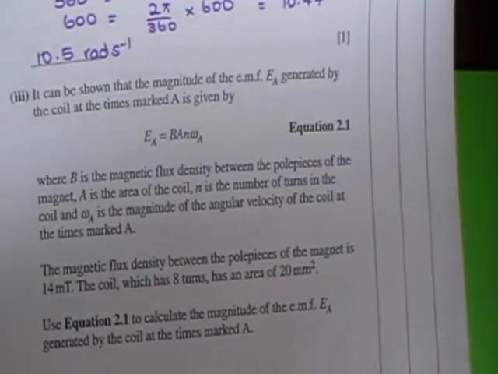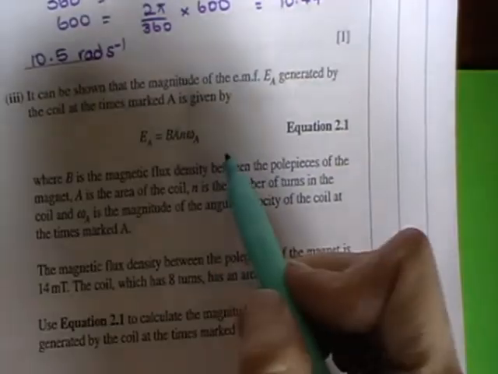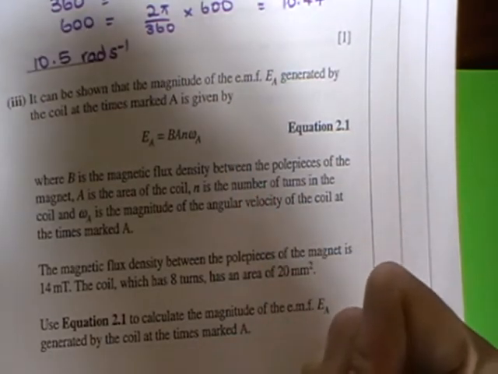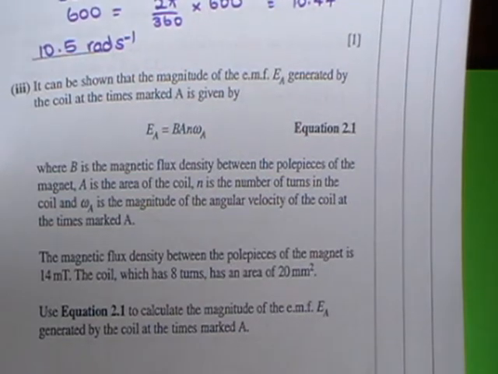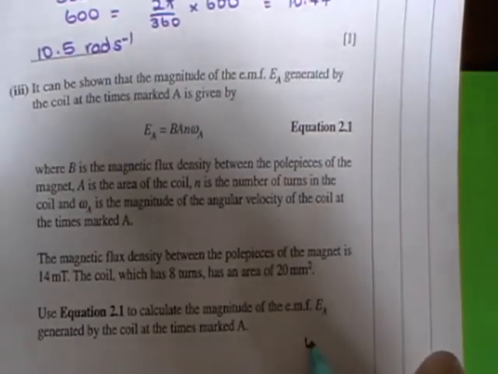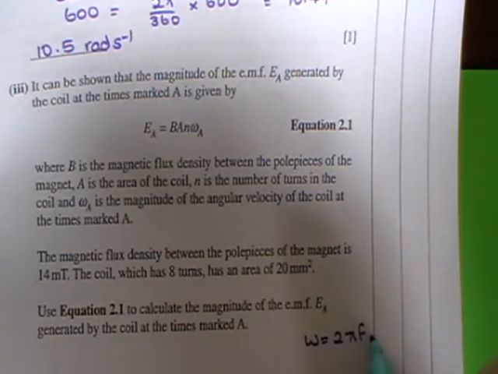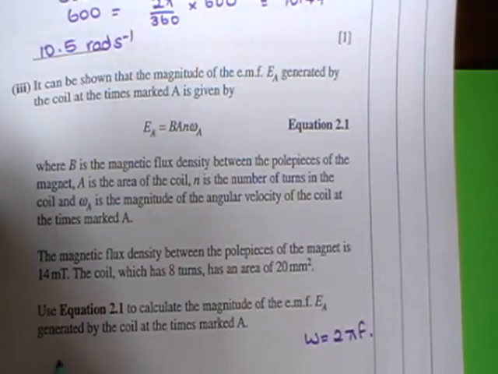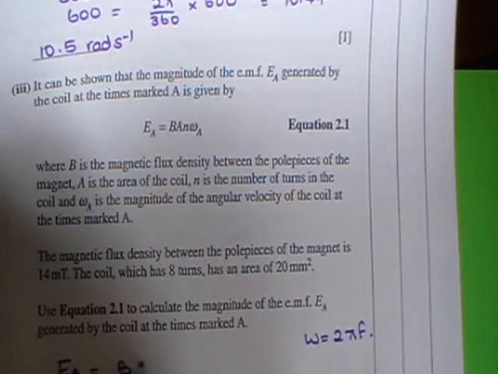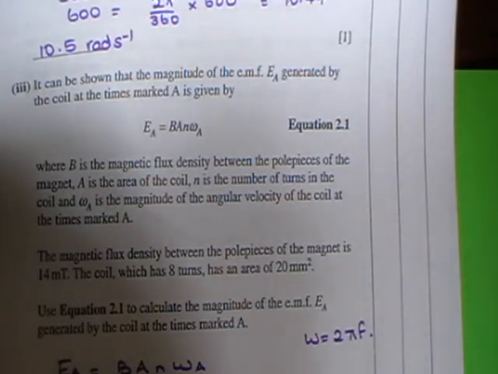It can be shown that the magnitude of the induced EMF is given by this equation. And this equation again is one that might be given to you. It's one that you used to have to know. Omega is equal to 2 pi f. B is the magnetic flux density, A is the area, and N is the number of turns. So if you just write down that equation and put in all the numbers that you have there, B is equal to 14 by 10 to the minus 3.